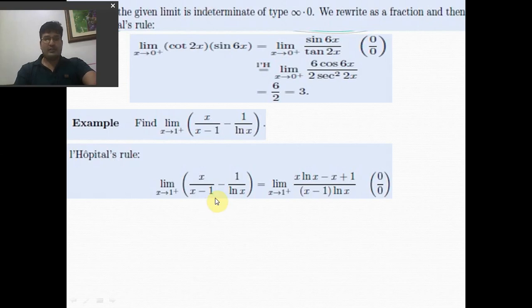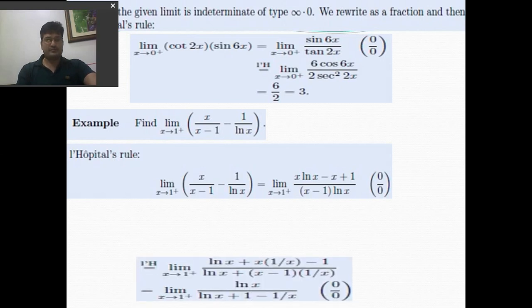So taking the LCM, the function will be x log x minus x plus 1 upon x minus 1 times log x, in quotient form or f(x) upon g(x) form, right? Now put the limit directly, x is equal to 1 here, we will obtain 0 by 0. It's again an indeterminate form, so we can apply L'Hopital rule.